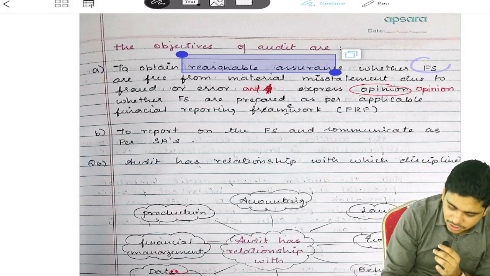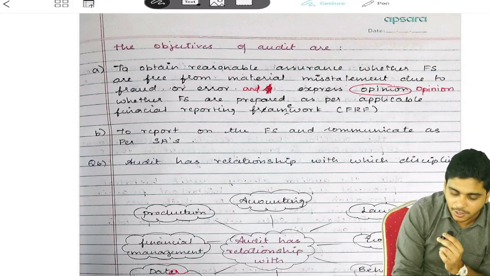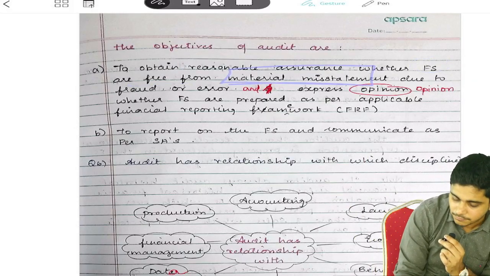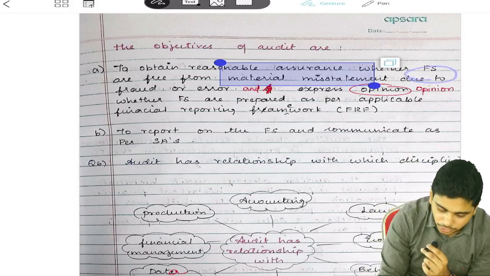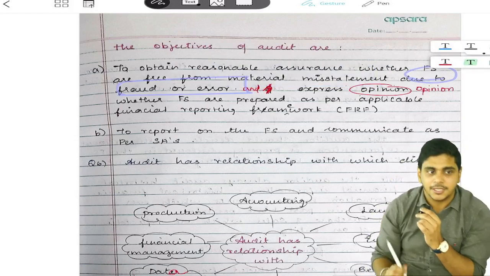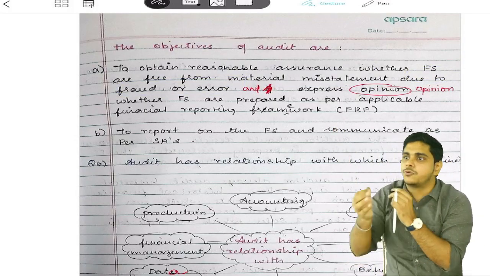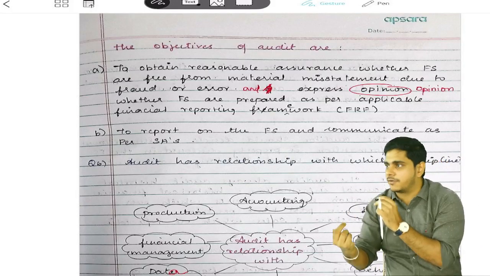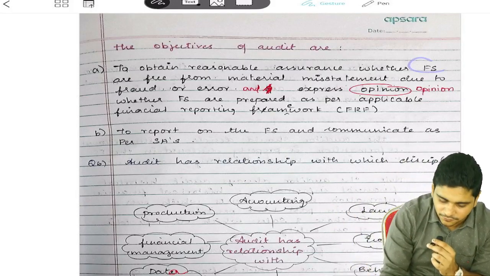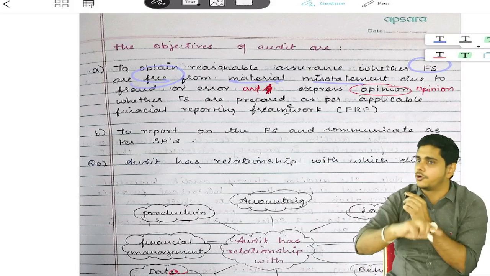Whether the financial statements are free from material misstatement due to fraud or error. In simple words, like in the old days when we used to study, we used to say true and fair view. In sophisticated language, true and fair view means that the financial statements are free from material misstatement due to fraud or error.